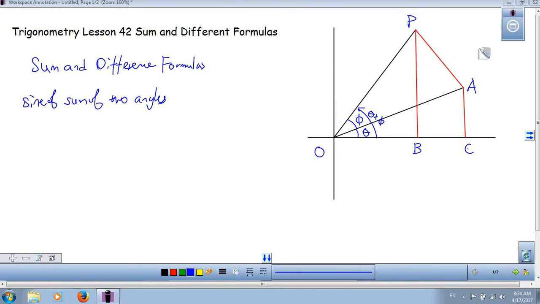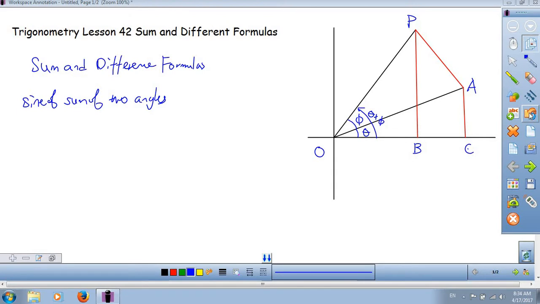Actually, I think I made a mistake. Let me go back. P is here, that's correct, but my A and my C cannot be here. I have to change them. I'm going to show you why later. I'm going to make a right angle here.